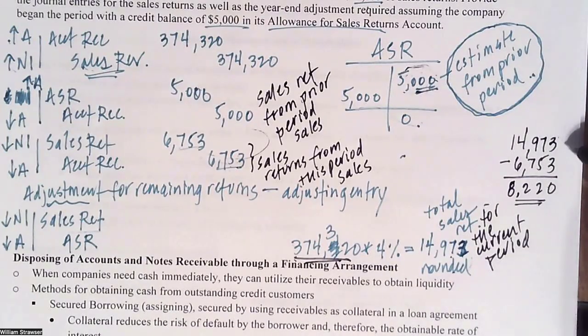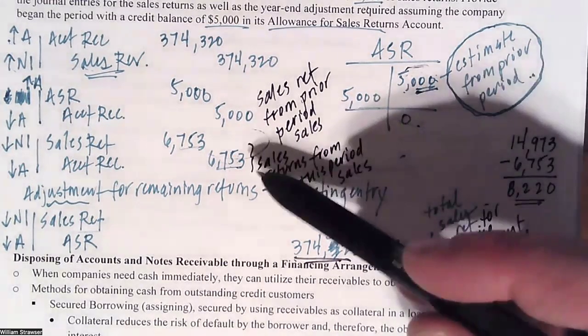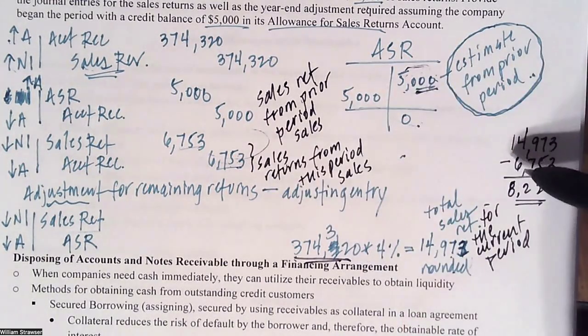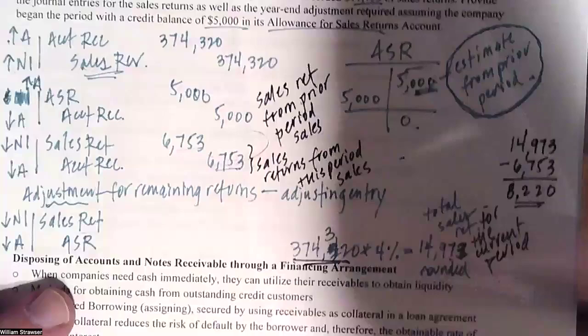So we expect from this period sales 14,973 in total. This is the amount that's come back already this period. Now we have 8,220 more that we expect to be returned.